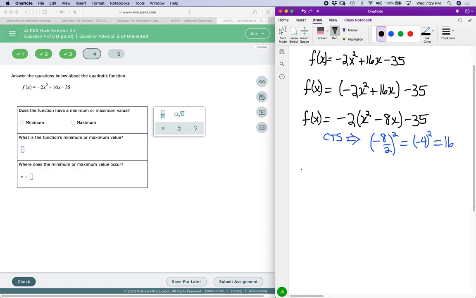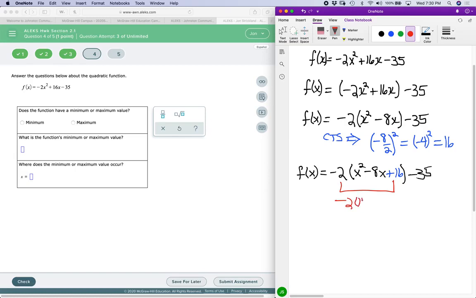And now, for what we have with f of x, we're now going to have negative 2 times the quantity of x squared minus 8x. And in the parentheses, I'm going to add 16. And to keep everything in balance, as I'm adding 16 within the parentheses, I'm actually adding negative 2 times 16.